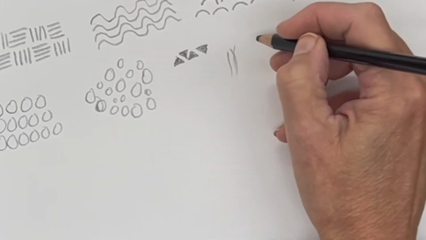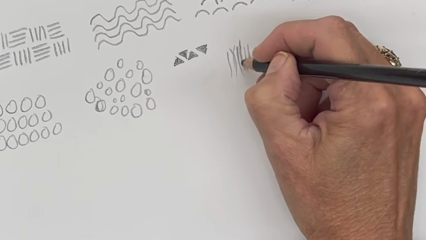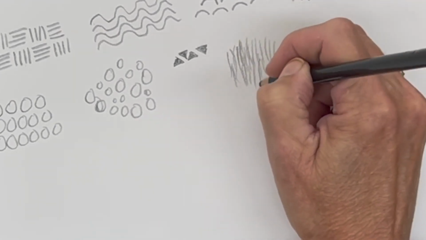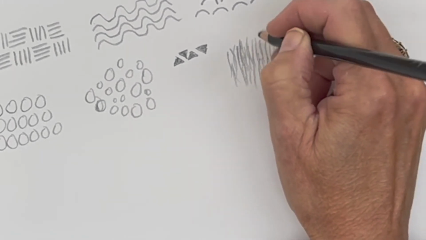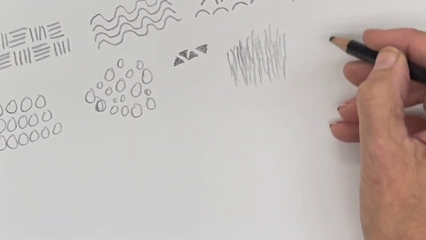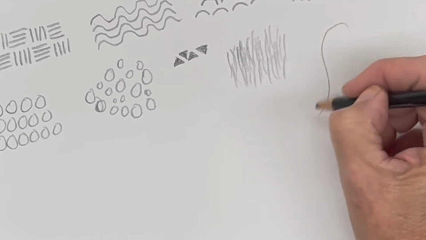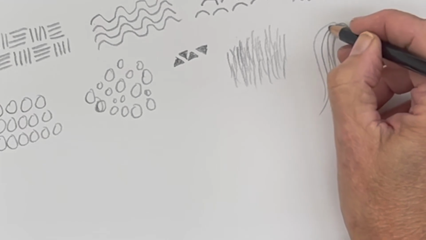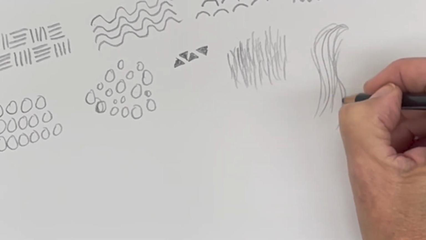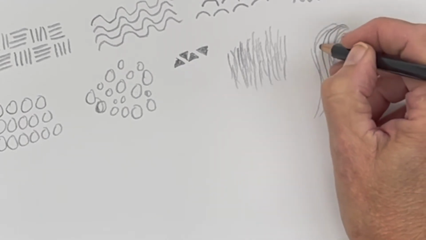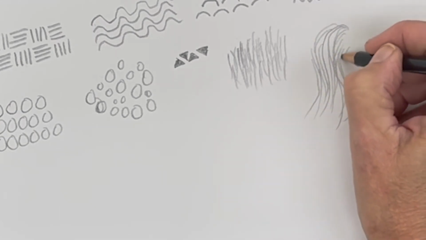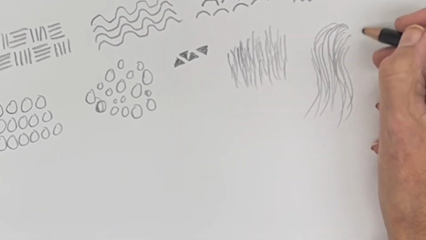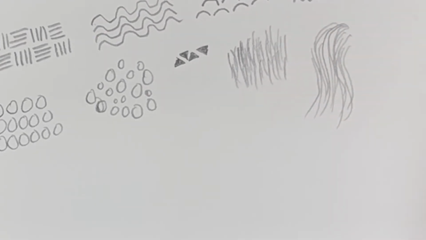And we talk about, you know, I could do lines like this that kind of look grassy. And all together, if I put a bunch of lines together, kind of like this, it may start looking like hair, like a horse tail, or a girl's long hair.